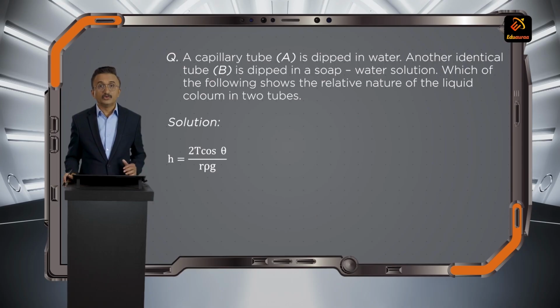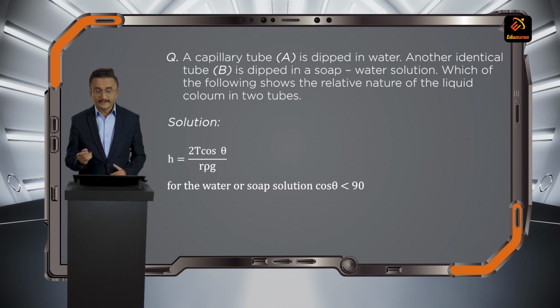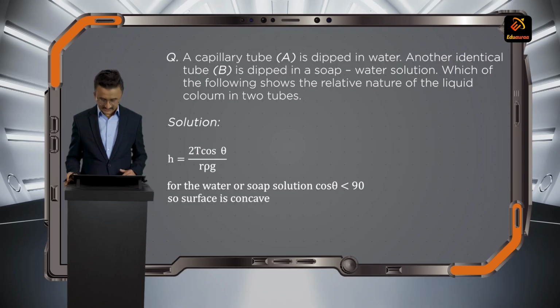Means as the surface tension increases, the height in the capillary increases. And what about cos theta? Cos theta is less than 1, or we can say for water or soap solution, theta is less than 90 degrees. And as theta is less than 90 degrees, the surface must be a concave surface.